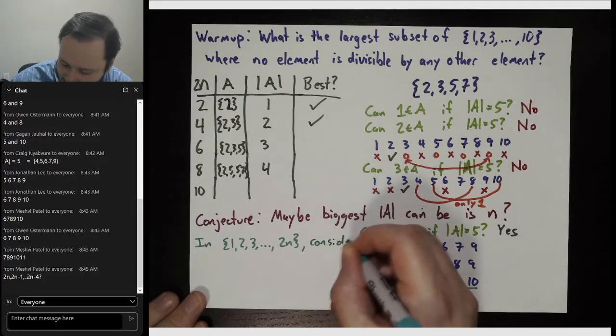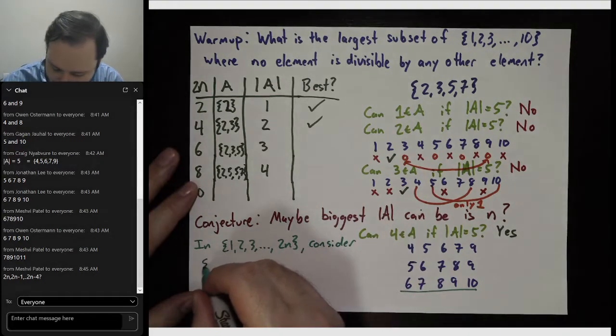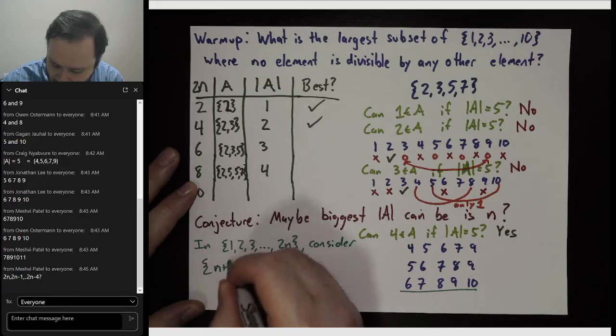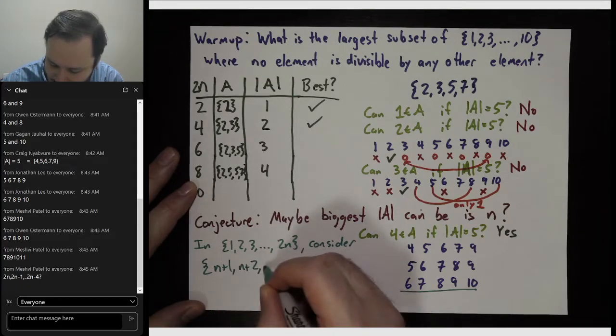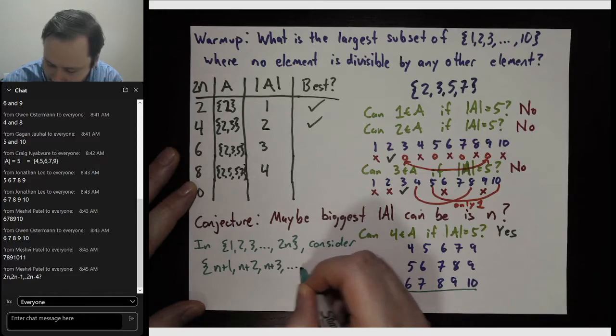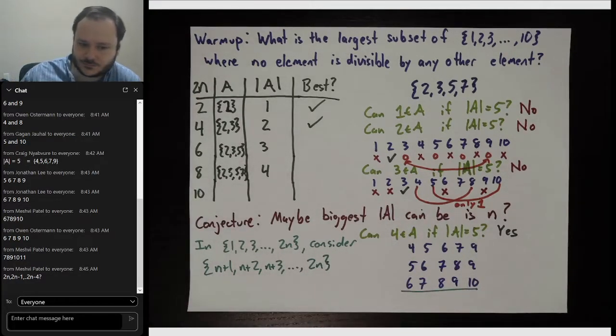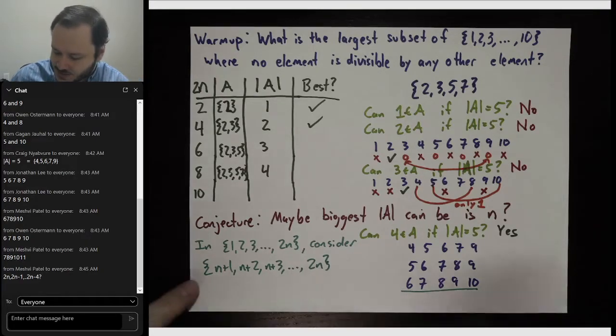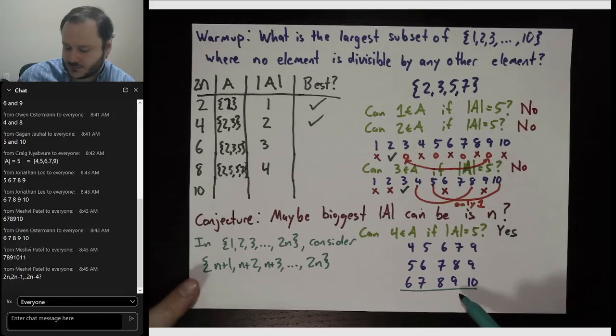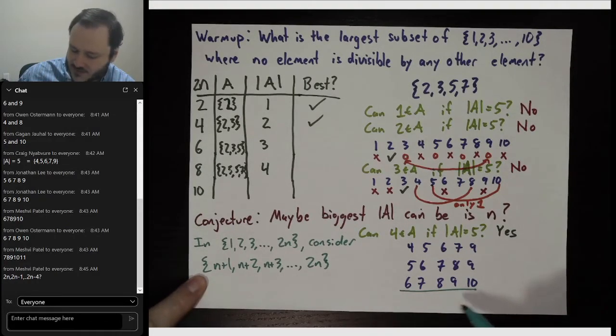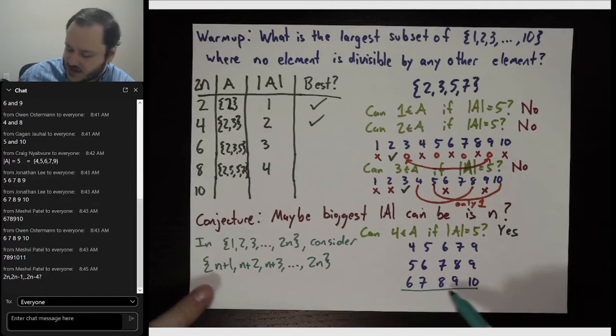Consider the set n plus 1, n plus 2, n plus 3, all the way up to 2n. All right, so that's what we're doing here. N was 5, so I'm doing 6, 7, 8, 9, 10.